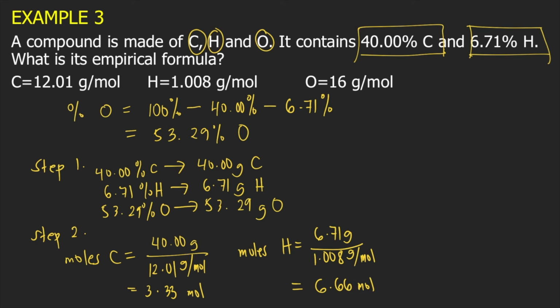And lastly, for oxygen, the mass is 53.29 grams. The molar mass given in the problem is 16 grams per mole. So 53.29 divided by 16, that's 3.33 moles of oxygen.